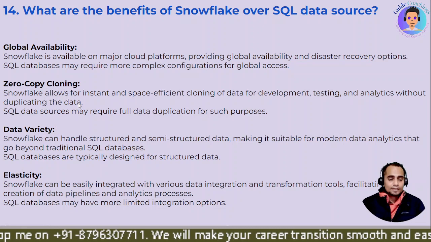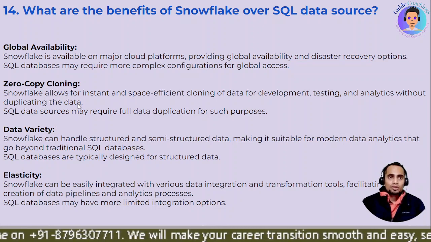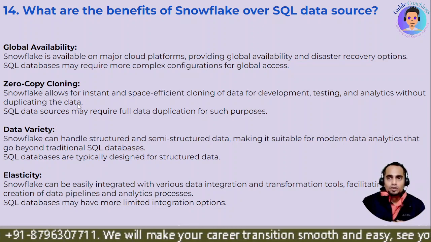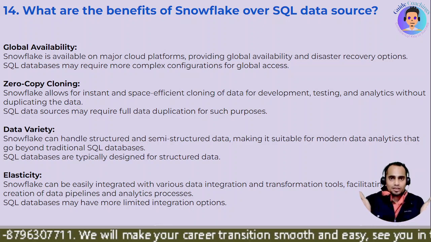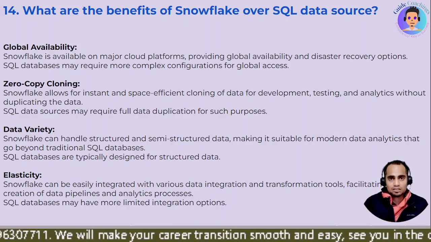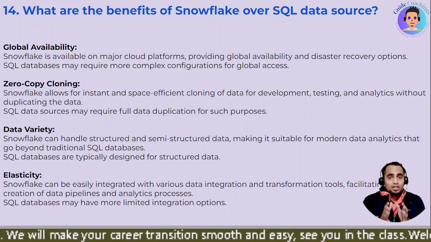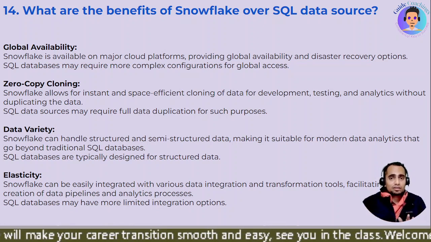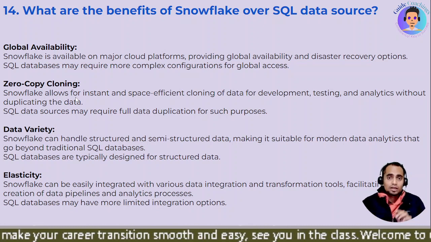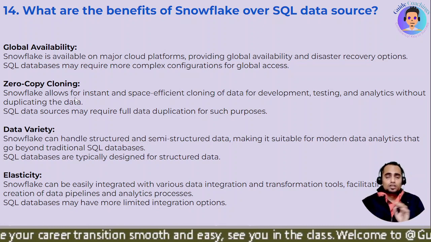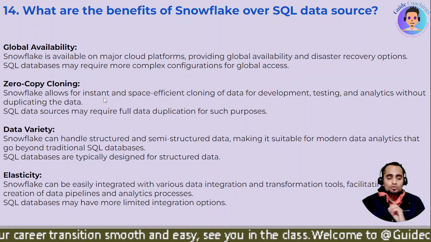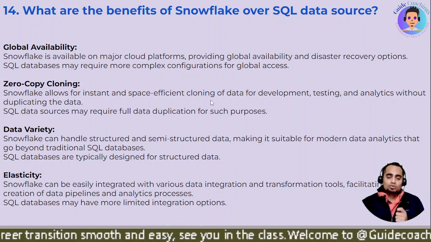Okay, then zero copy cloning. You don't need to have a copy. You can generally share the data, as we have seen in the previous example, with anybody with great security, and it is not like the data is not secured over the cloud. But in Snowflake we have zero copy cloning. Snowflake allows for instant and space-efficient cloning.